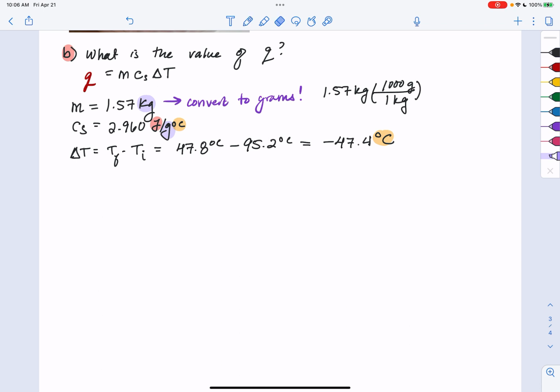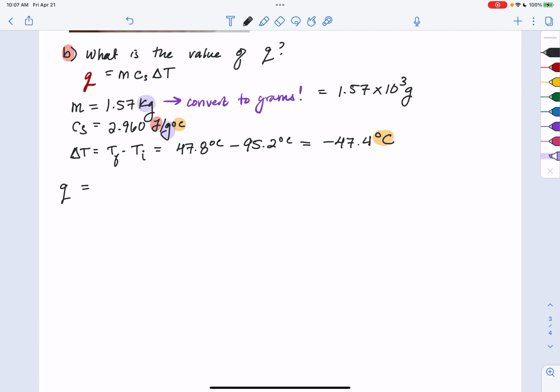Or, since you're a chemist and you're cheap and lazy, you know that kilo means 1,000 times larger. So I can say that this is 1.57 times 10 to the 3 grams, since I've made this 1,000 times larger.